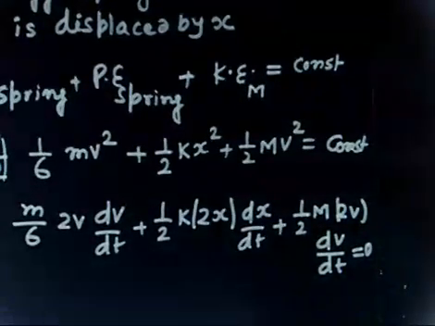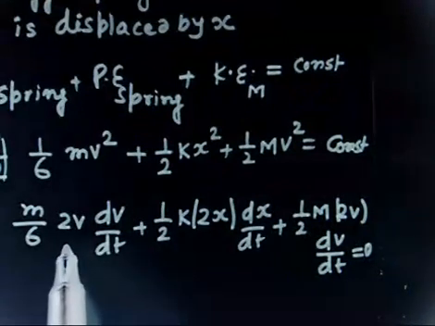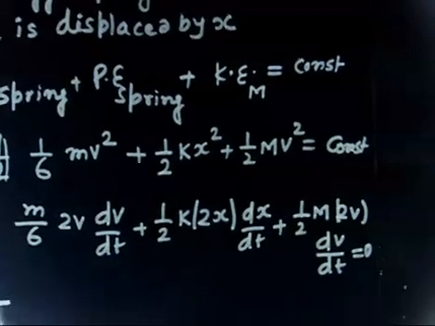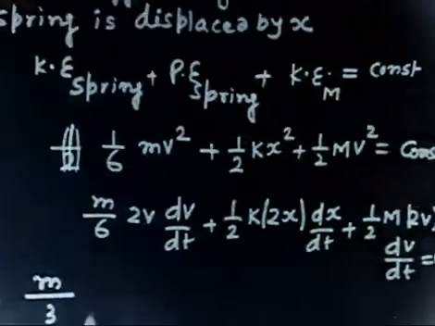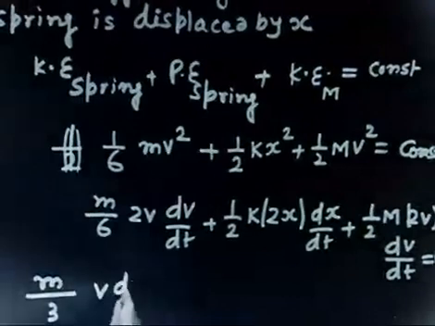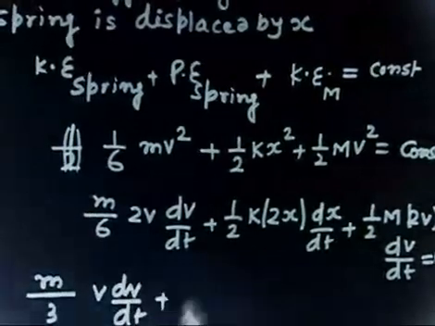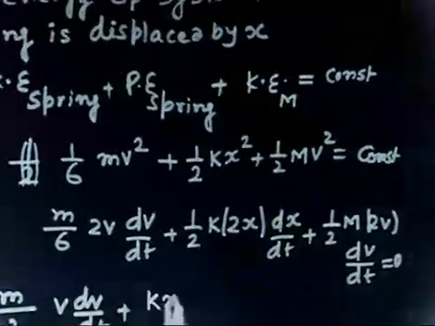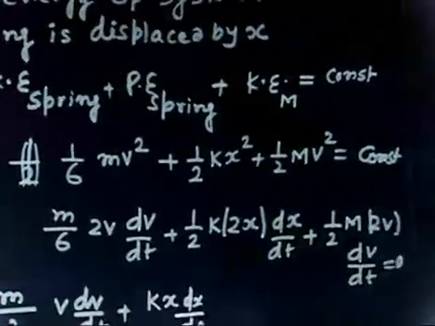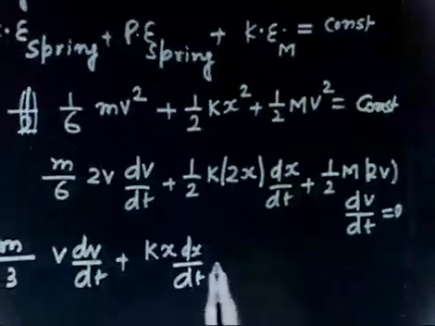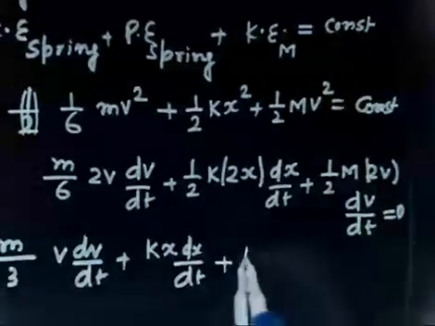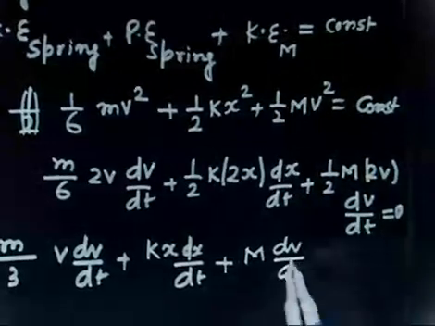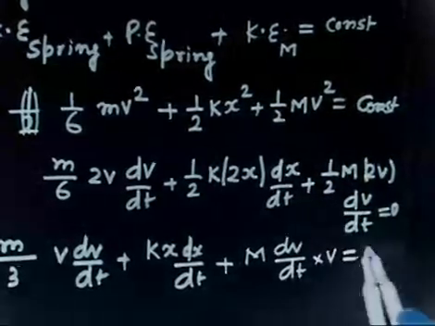So let us cancel these terms. So I will have m by 3 v dv by dt. So let me write m by 3, you can calculate yourself, m by 3 v dv by dt, plus this 2 goes, so you have simply k x dx by dt, plus, and this 2 goes, so M dv by dt into v also. This is equal to 0.